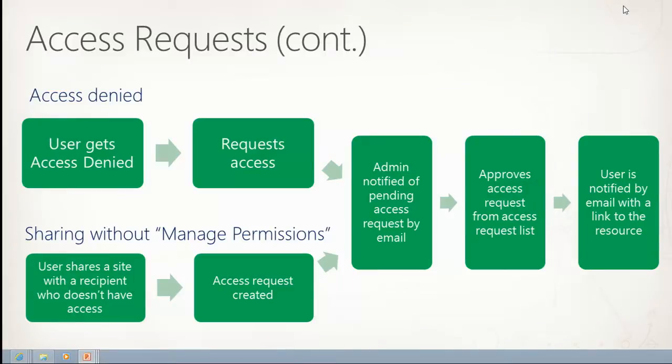She will click on the link in the email, go to the access request list, and decide whether she wants to allow that or not. Once she approves it, the person will receive an email that the access request has been approved and they actually have access to the site. So that's how the whole thing works. This is one way in which we've removed the roadblock in people's way to share.